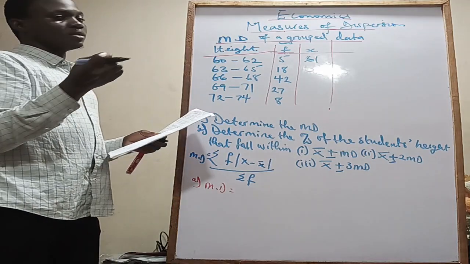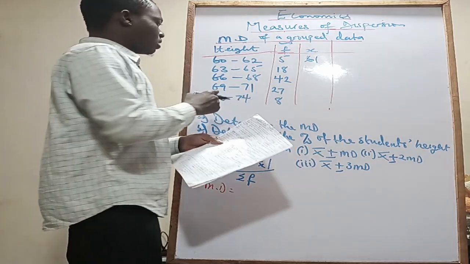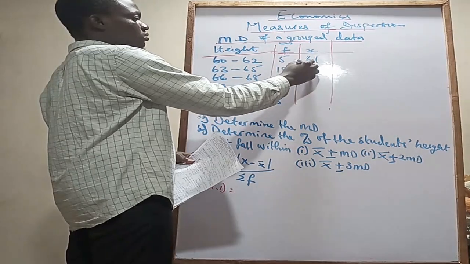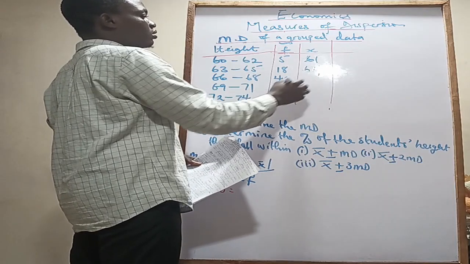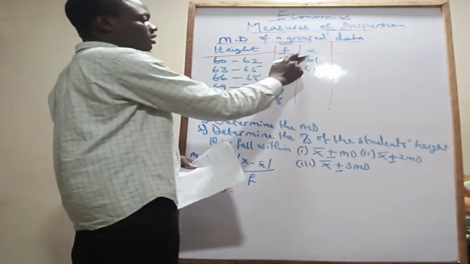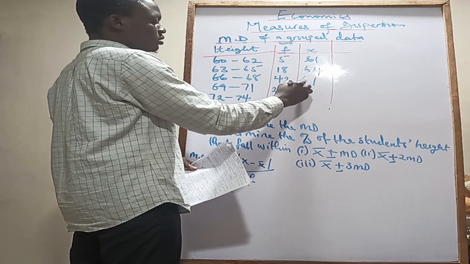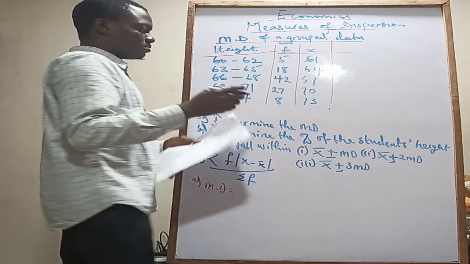I'll just be adding 3, 3, 3, 3, 3. Now we get the remaining answers. 61, this plus this is 128, divided by 2, that's 64. Just keep adding 3 to the whole thing since they have equal intervals. 61, 64, this will be 67, this will be 70, this will be 73. Okay.